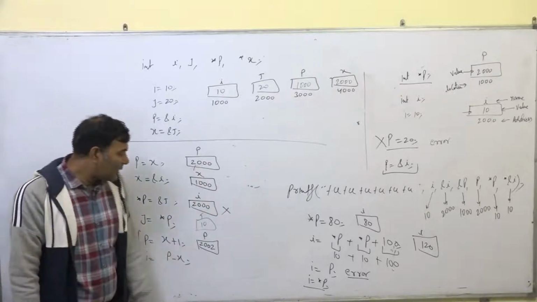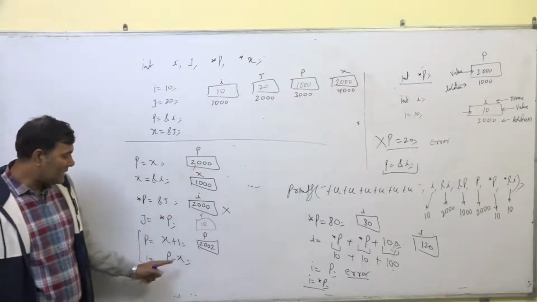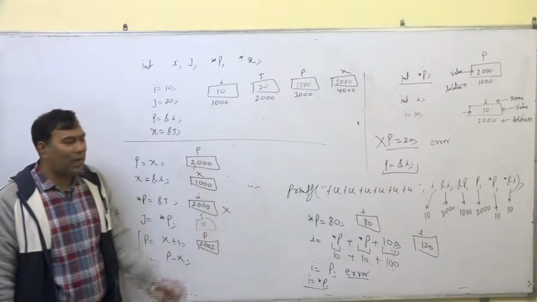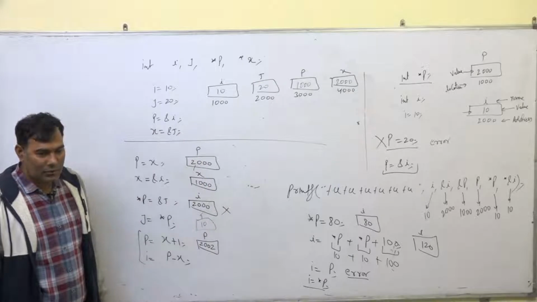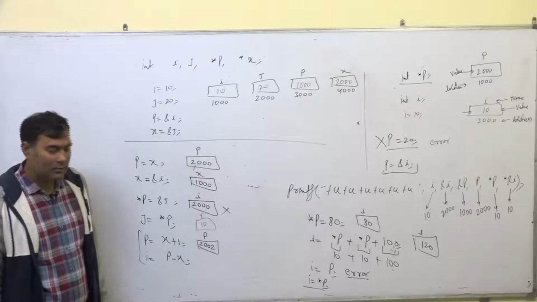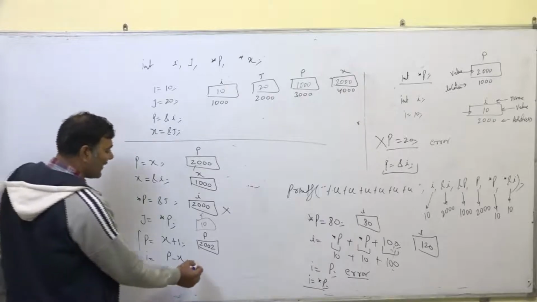So P is 2002 minus 2000. So 2002 minus 2000 is 2, but it becomes 2 divided by 2. So the value of I will be 1.